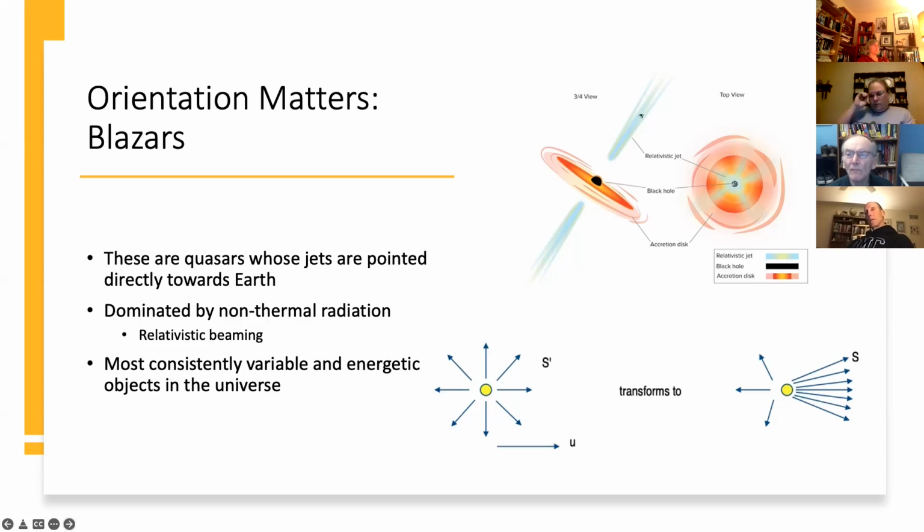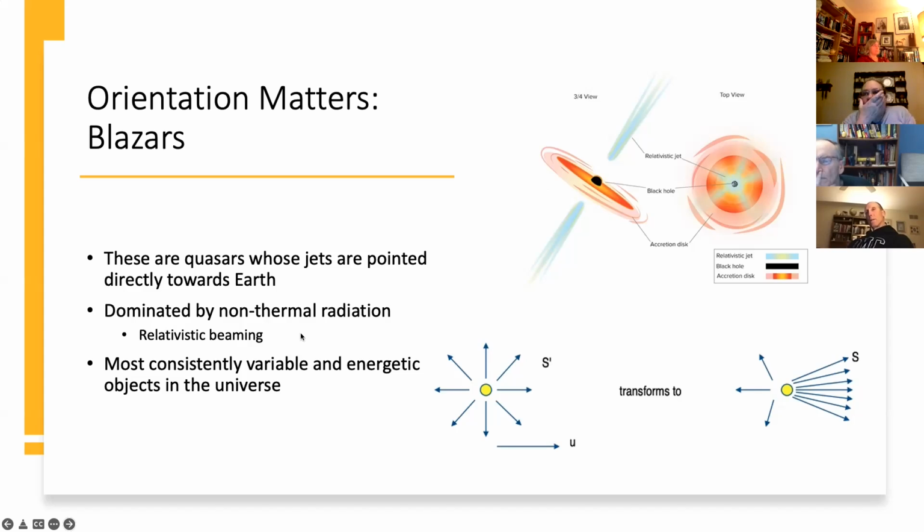So these jets that I've talked about are pointed directly towards us, and we are being showered by charged particles from these jets. Not a lot of flux, especially at higher energies, but very bright emitting regions. So again, these are quasars whose jets are pointed directly towards Earth.